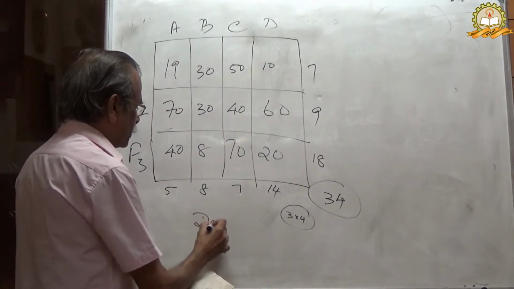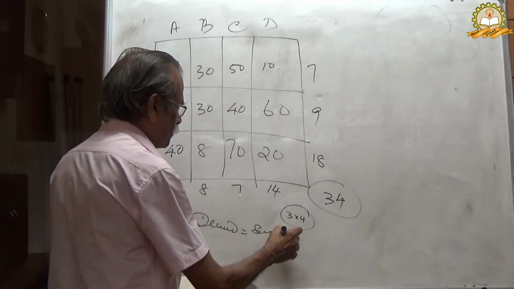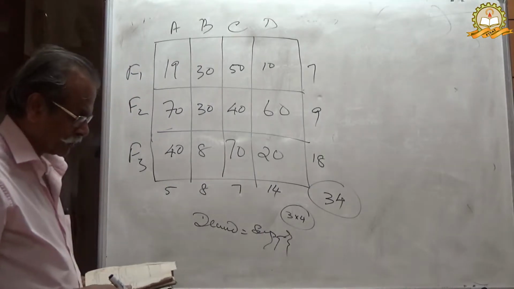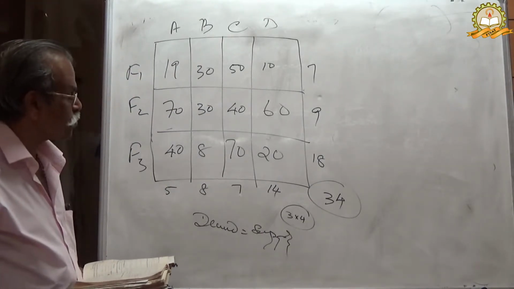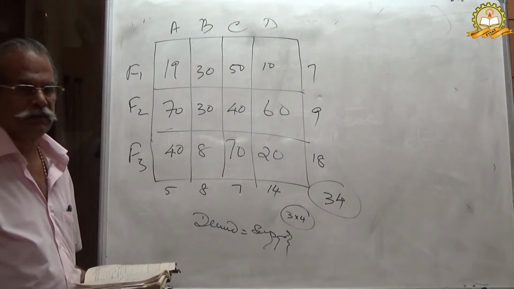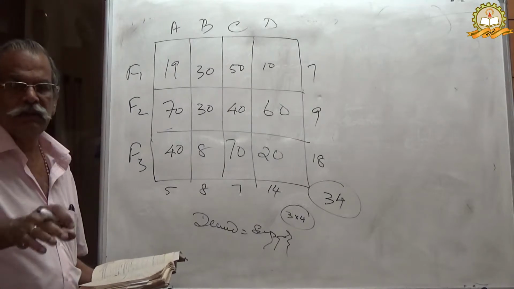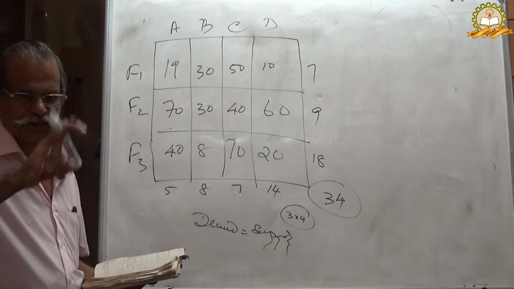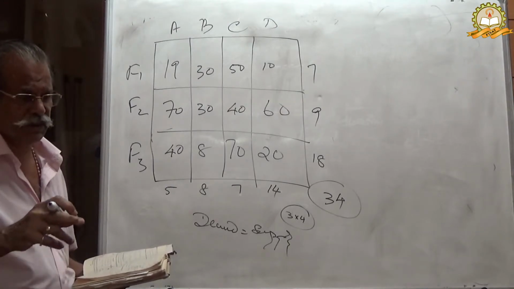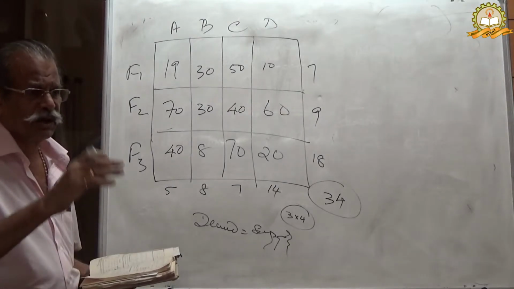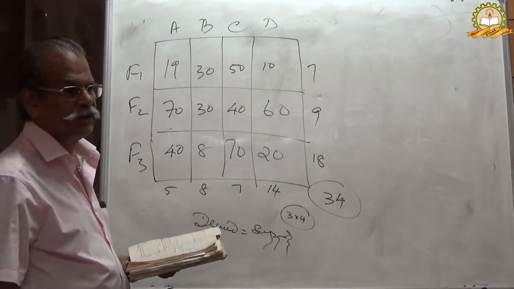Therefore, here demand equals supply. And in the question, they have asked you, find the minimum transportation cost. That is the first step. Second is test optimality.